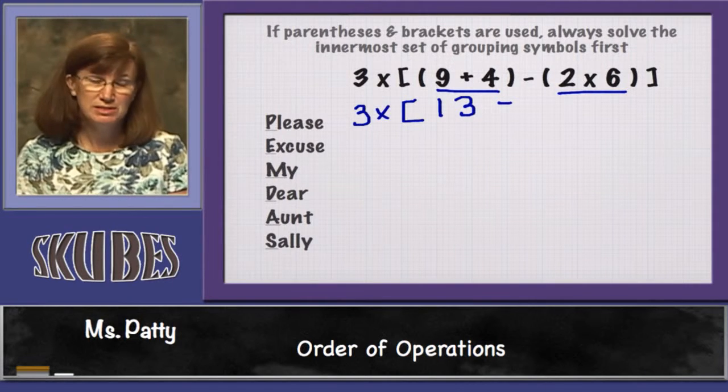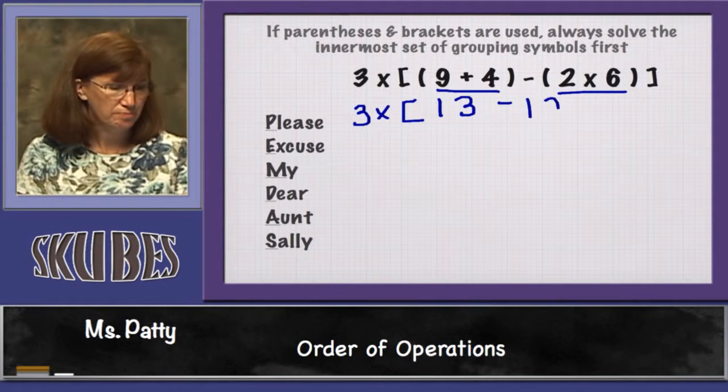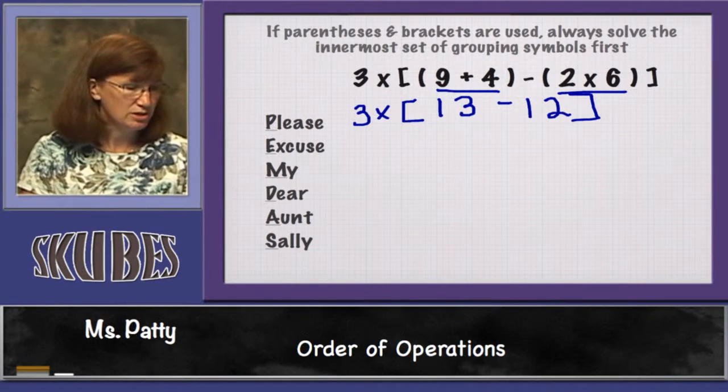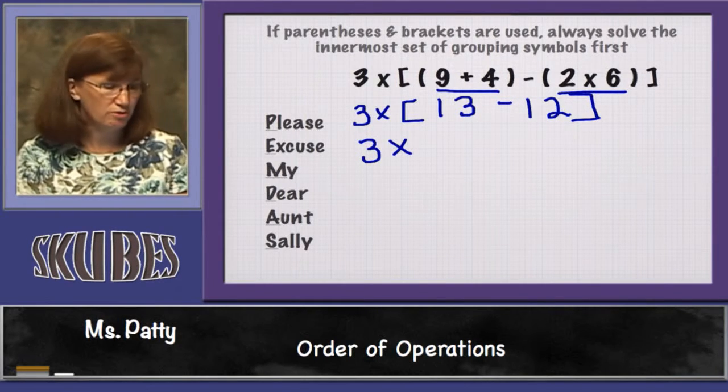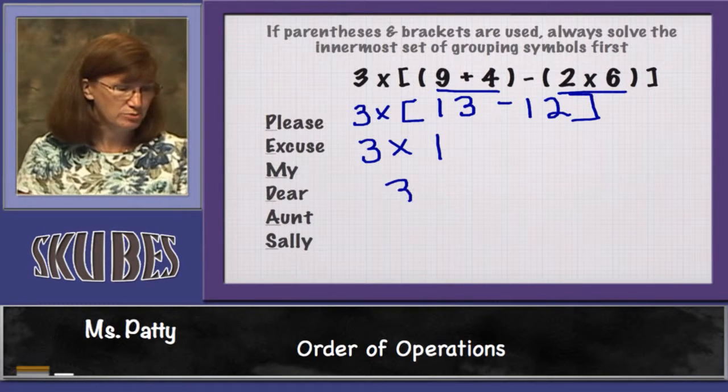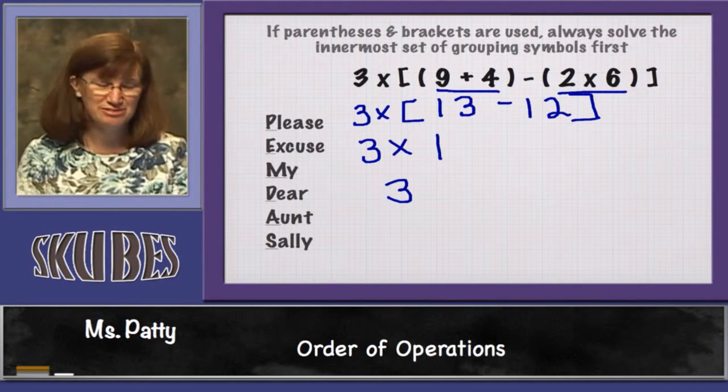Minus 2 times 6 is 12. I'm going to write my bracket. Now we've solved the parentheses, but we must solve the bracket next. So we say 3 times, well, 13 minus 12 is 1. 3 times 1 is 3, and we're done.